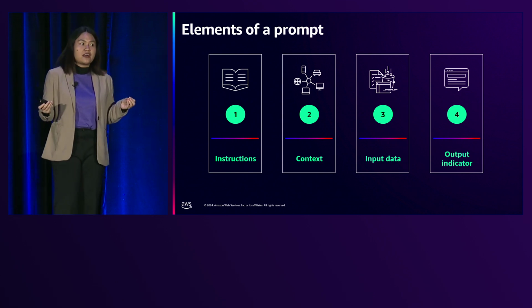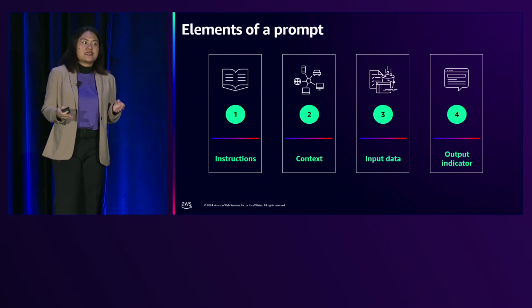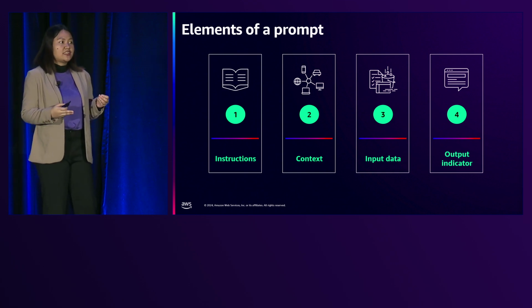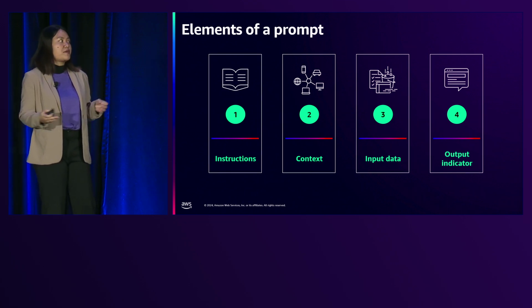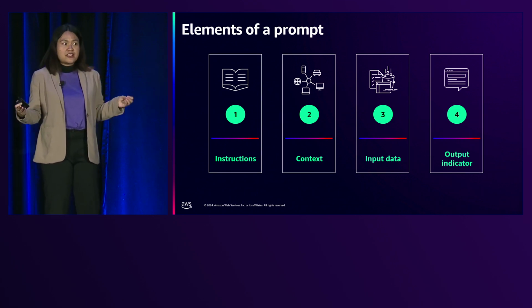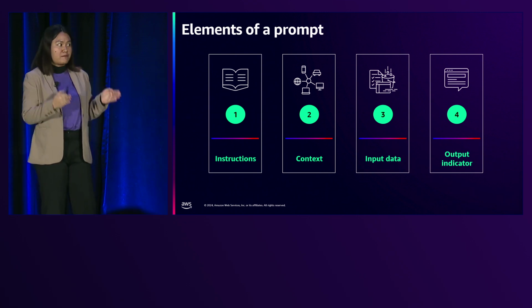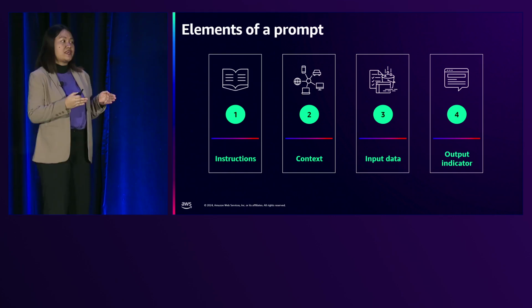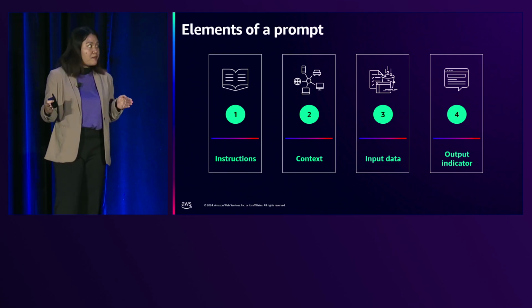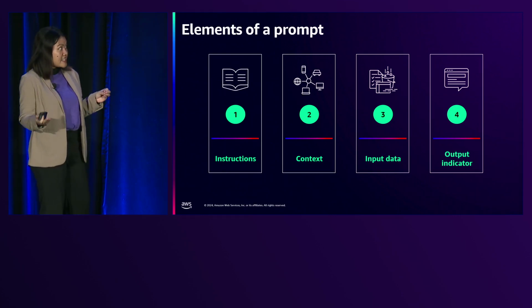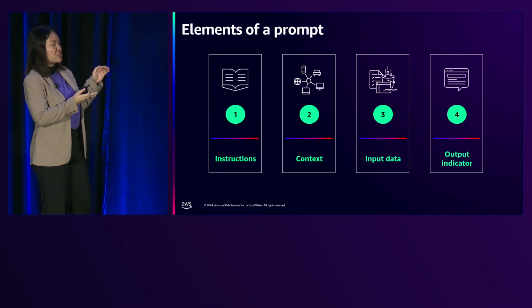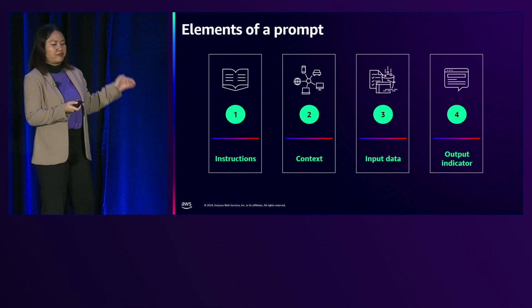And the last one is the output. Let's say you want to generate a summary email or an image and you need to choose a specific format for your image, maybe a PNG or a JPEG. So you set the output indicator inside your prompt.